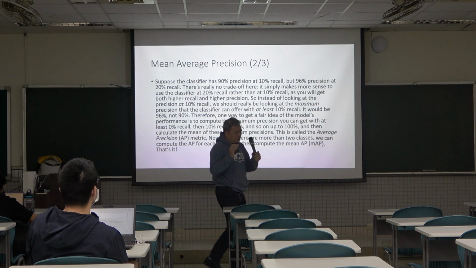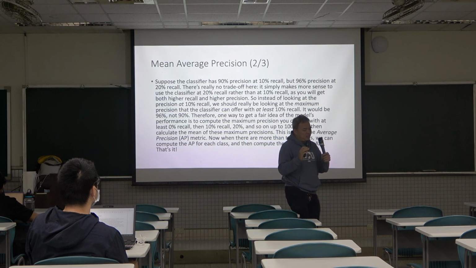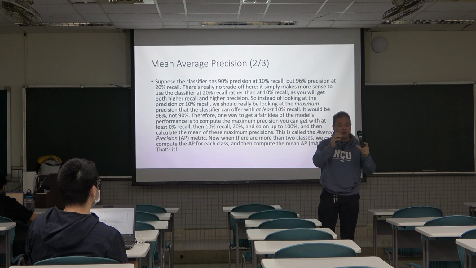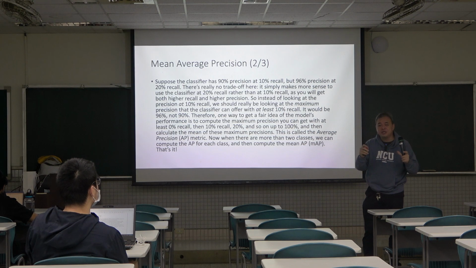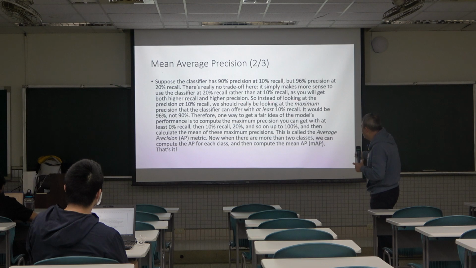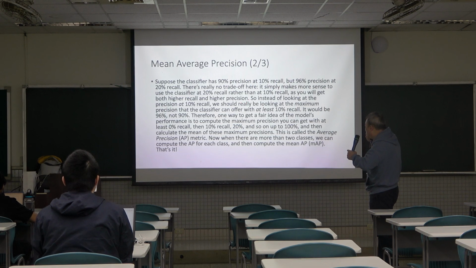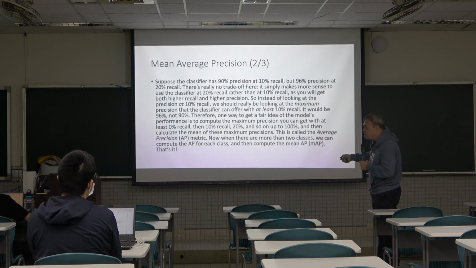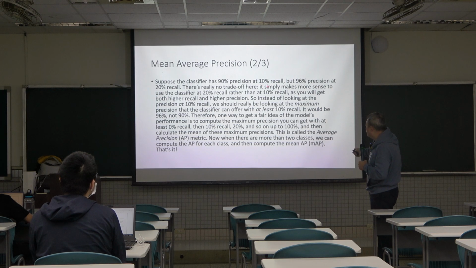So under the condition of at least 10% recall, what is the maximum precision you can have? For example, in a case like this, at least 10%, the 10% and the 20% are both included, right? 10% recall is 90% precision.